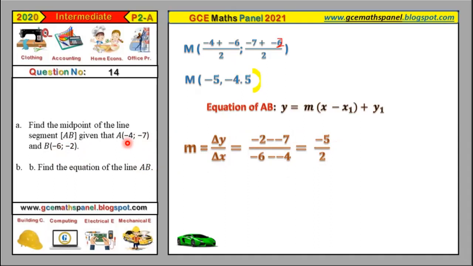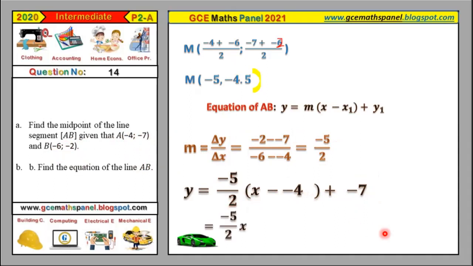Make sure that if you start with the y from here, then you must start the x from here. So our equation now, y becomes minus 5 on 2 into x minus minus 4 plus minus 7. And when you simplify, we have minus 5 on 2x minus 17.